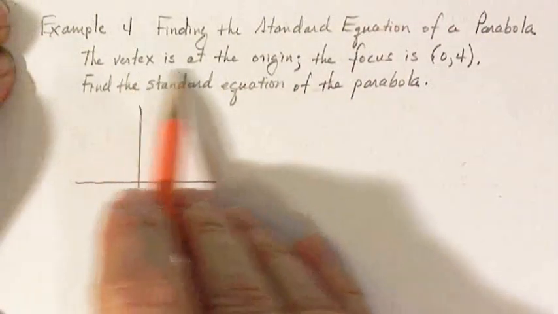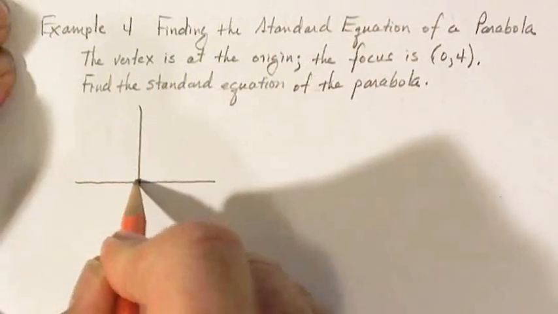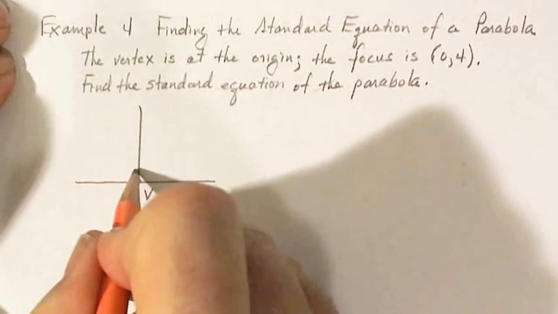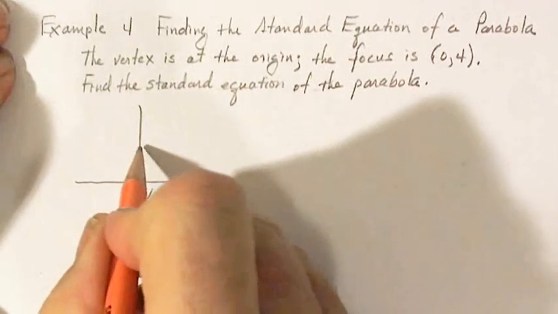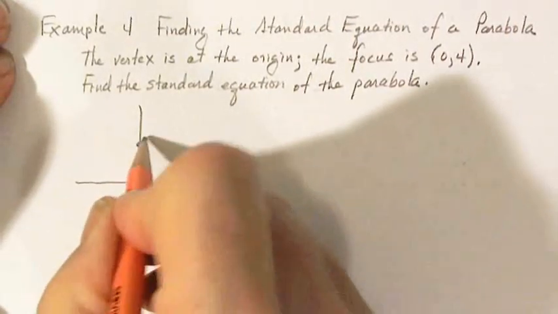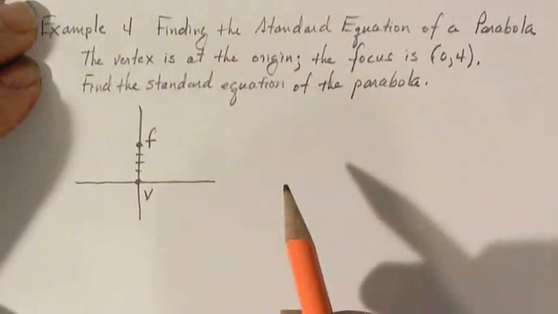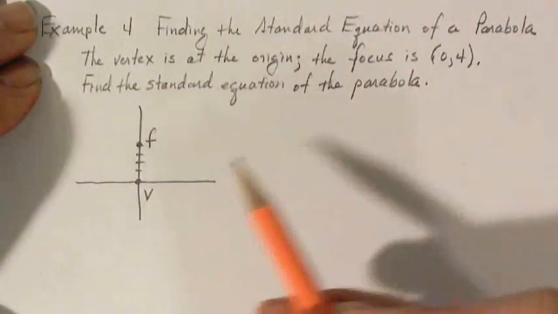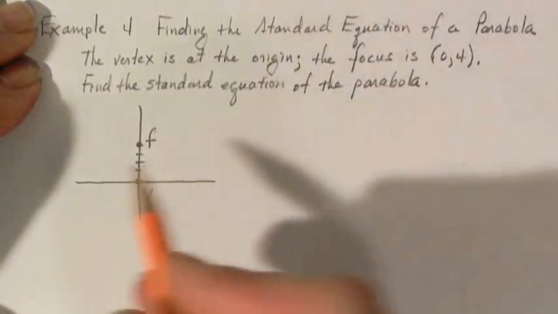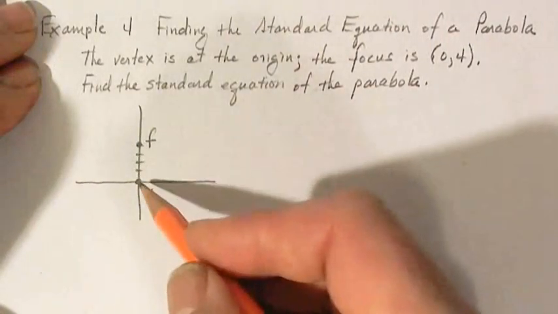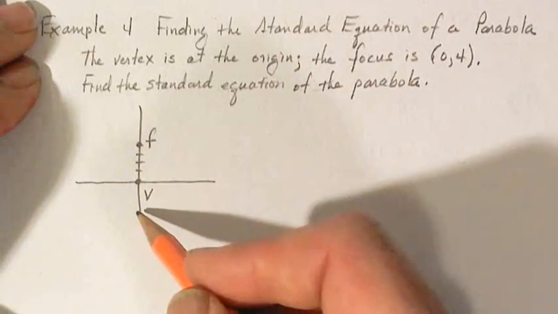So the vertex is at the origin. Here's V. The focus is at (0, 4): 1, 2, 3, 4. So there's the focus. And if you remember from the picture previously, the vertex was midway between the focus and the directrix.